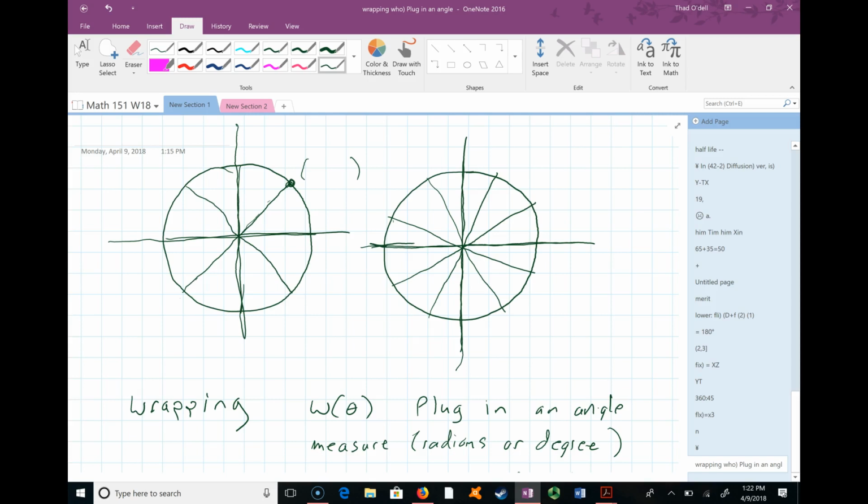So when you're looking for multiples of 45, you look in this circle. And when you're looking for multiples of 30, you look in this circle. One of the fundamental ideas is that 45 degrees is the same thing as pi over 4 radians. And here, 30 degrees is the same thing as pi over 6 radians.